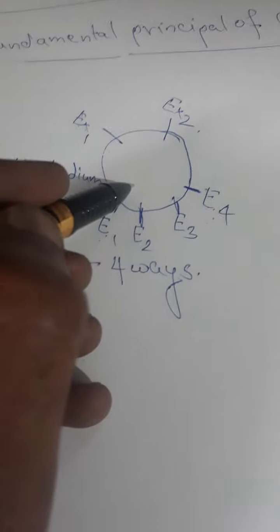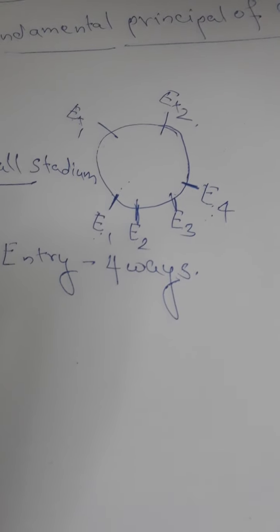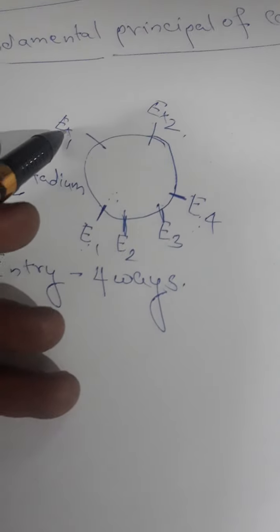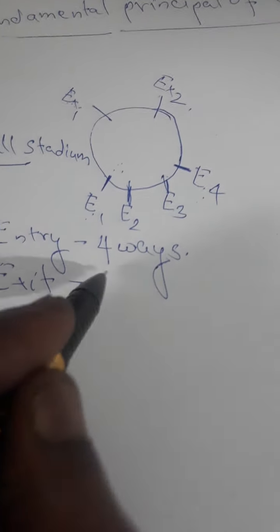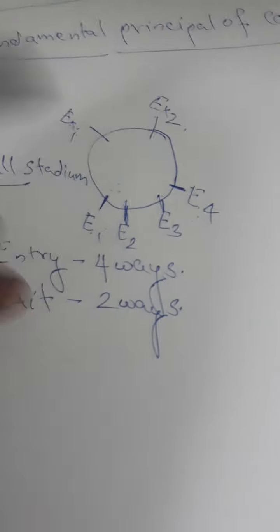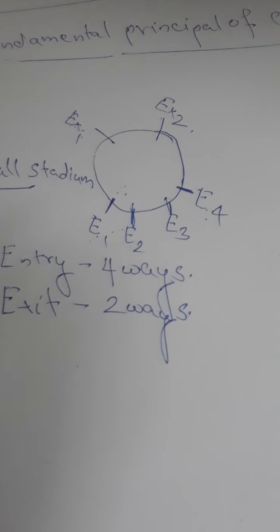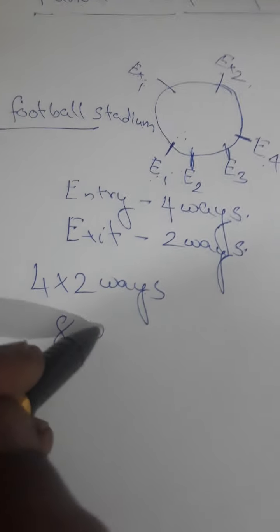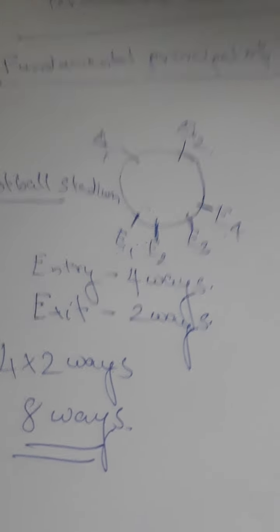After you enter the football stadium, watch the football game, and the game gets over, you can exit through any one of these 2 exit gates. So exit can be done in 2 ways. So totally, entry and exit can be done in 4 into 2 ways, that is, in 8 ways.